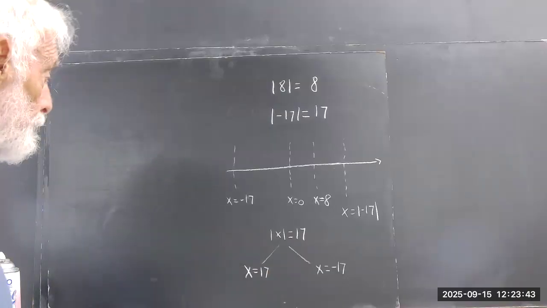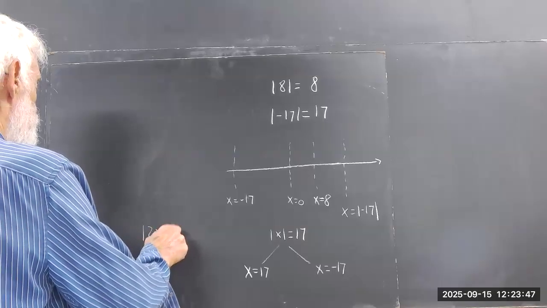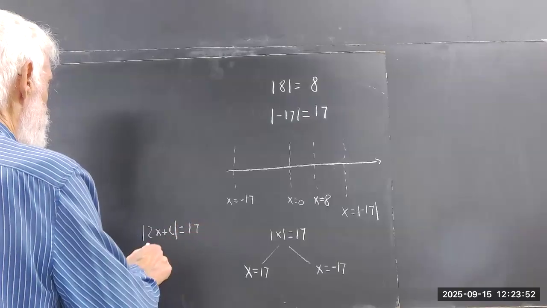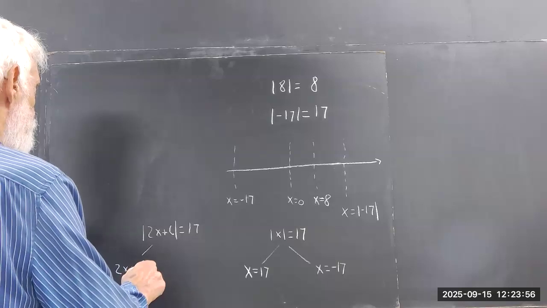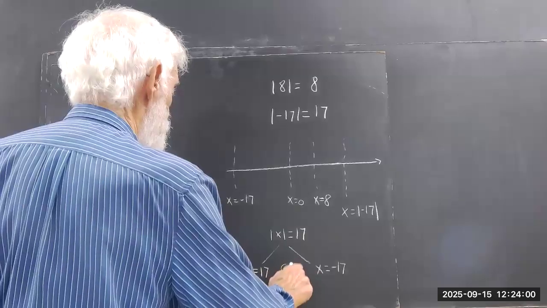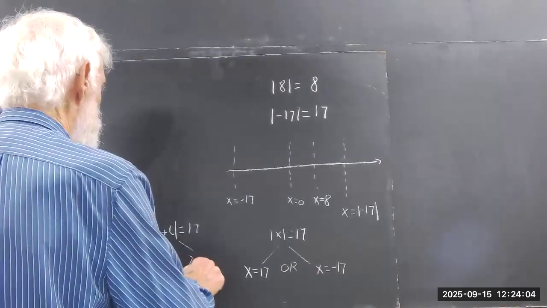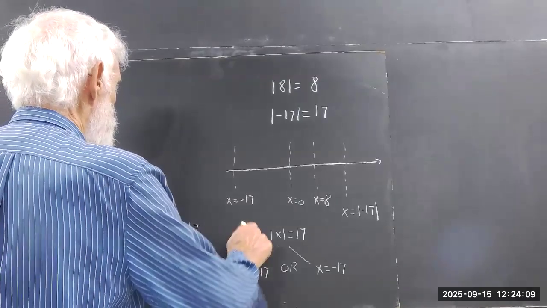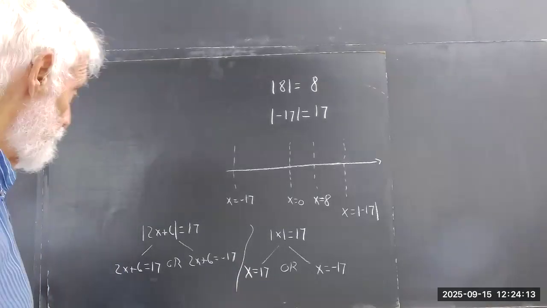Now, just quickly to close, if you have absolute value of 2x plus 6 equals 17, that means that 2x plus 6 could equal 17, or 2x plus 6 could equal negative 17.